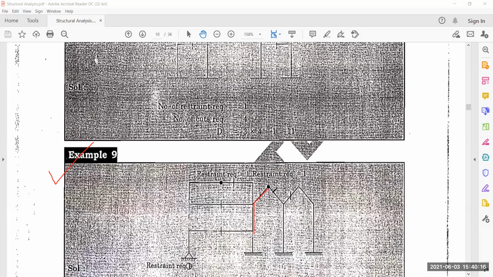Here one panel is added, here another panel is added, here another panel or another member is added. Here fixed support, here also fixed support, here fixed support, here you have a hinge support. So find DS in this case. I think you can easily solve this question.